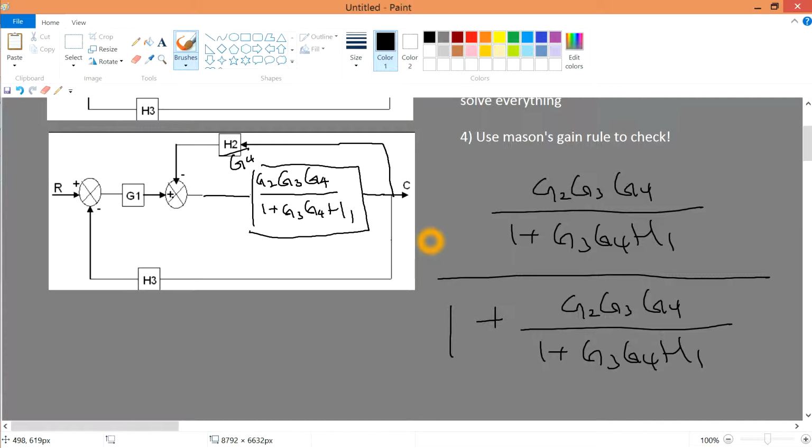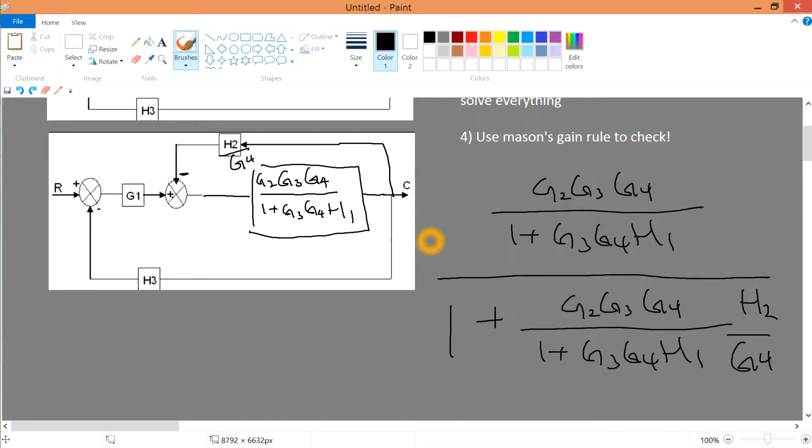The feedback loop is just like this going on. And take note, this is minus now. For a feedback loop, if it's minus, it's plus. So we have plus over here, multiplied by H2 over G4. This is the one that I've just written down over here.